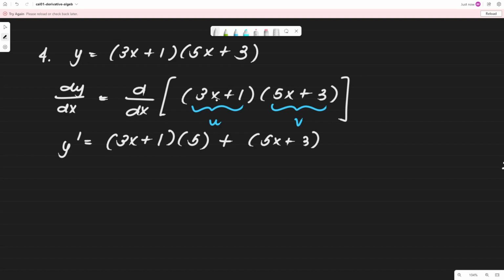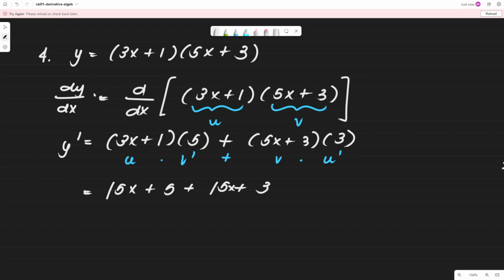The derivative of 3x plus 1 is 3 with respect to x. So, we just place u v prime, multiplied, plus v u prime. That is our product rule. Next, let's simplify by distribution. So, we have 15x plus 5 plus 15x plus 3.